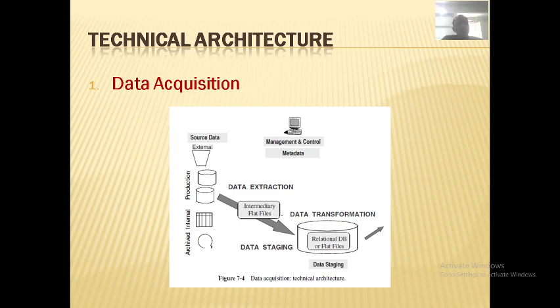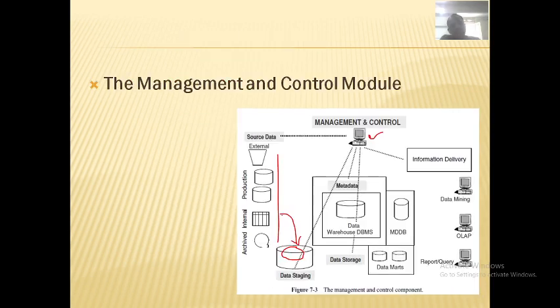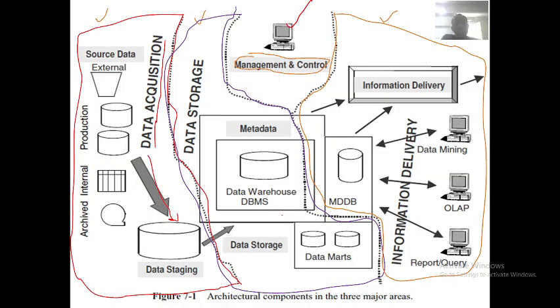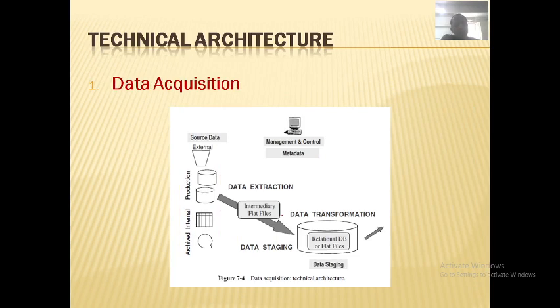Now let us look into the technical architecture of the data warehouse. Here we have seen this is also one of the architectures, the same architecture, and this is also the architecture of the data warehouse. Now in this technical architecture, we look at the three areas separately: data acquisition, data storage, and one more, information delivery.